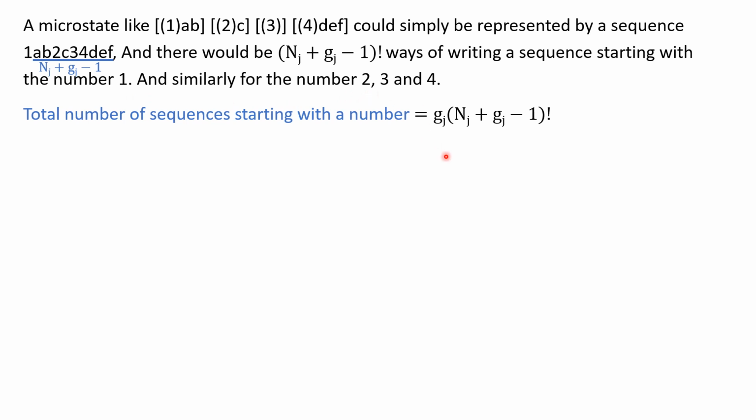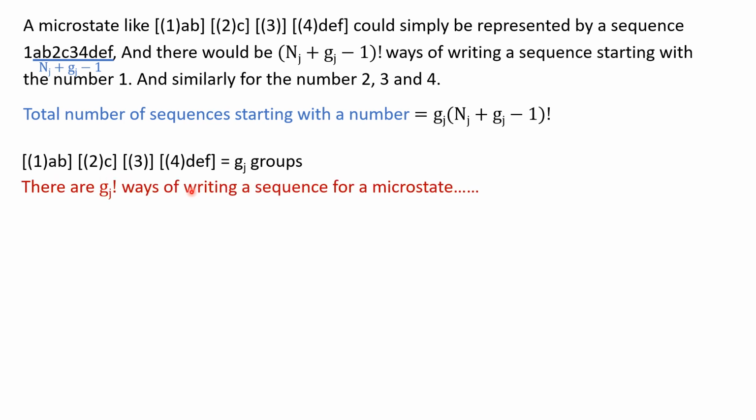However, generally, if we have gj number of states, we will multiply this by gj. Now, in this sequence, we have 4 groups, each corresponding to one energy state. That is, this group is 1, this is 2, this is 3, and this is 4.